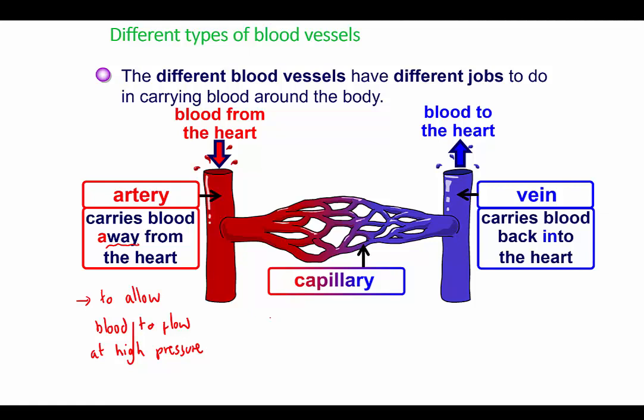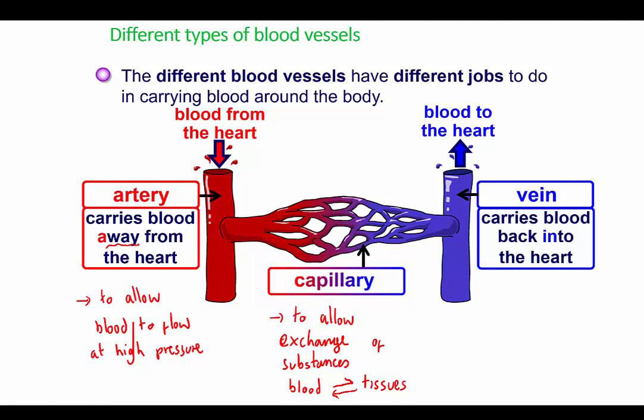The capillaries are adapted slightly differently. They are adapted to allow the exchange of substances between the blood and the tissues, and they also need to send the waste products from the tissues back to the blood. So the capillaries are adapted to allow that to happen.